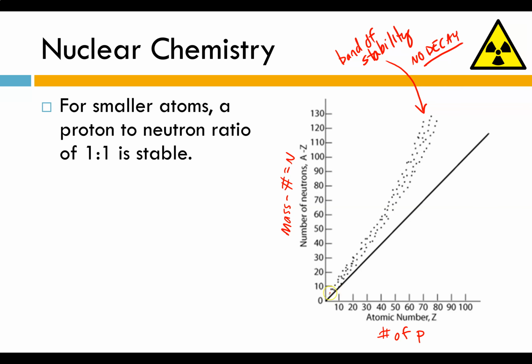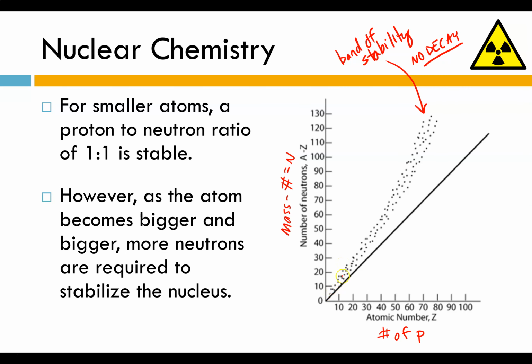You can see that as we have really low molar mass atoms, a 1-to-1 ratio of protons to neutrons is stable. But as the atom becomes bigger and bigger, or more specifically, the nucleus becomes bigger and bigger, we need more neutrons present to help stabilize the nucleus. You can see that trend throughout. Instead of that diagonal line, we've got it arching upwards.